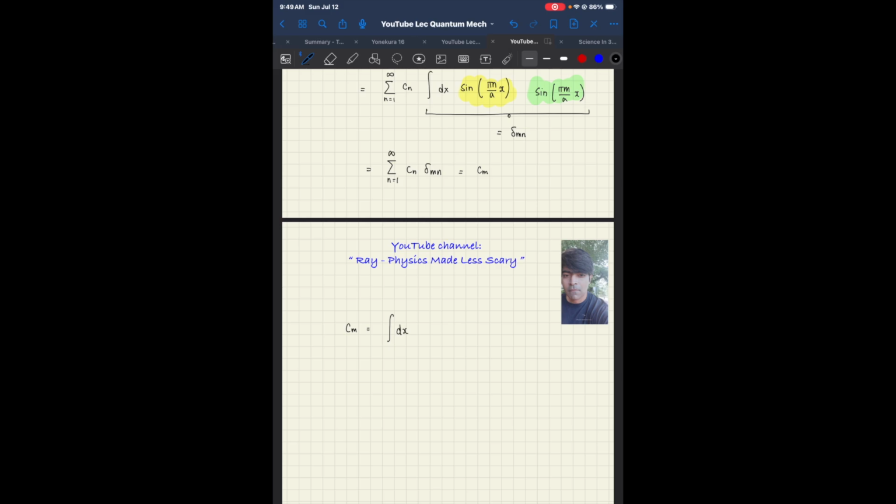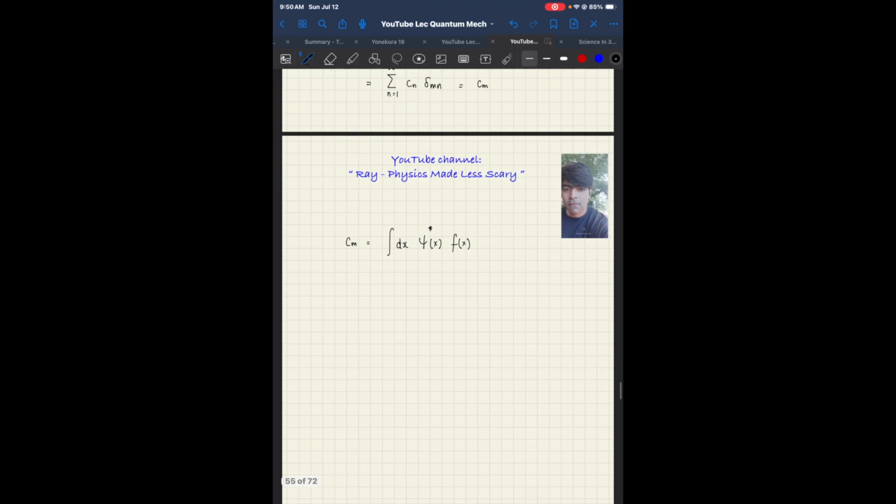the integral dx of psi m(x) star times f(x). Well, this star is a bit superfluous in our case because everything is real, so psi(x) star is psi(x), but this is the general formula.